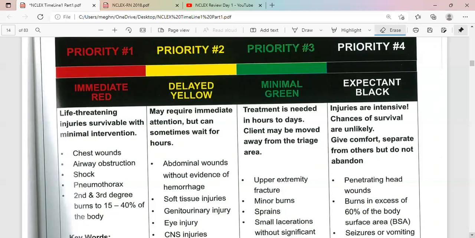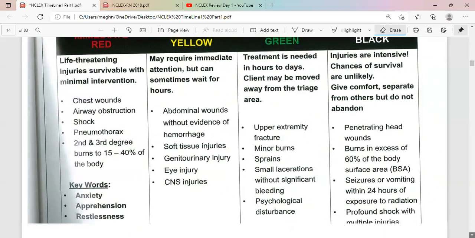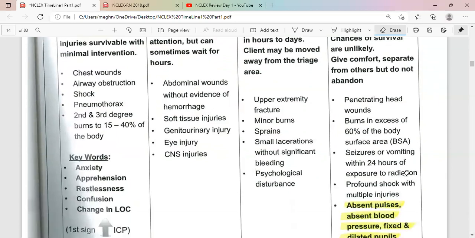Like penetrating head injuries or wound, burn is excessive, more than 60% of body surface area involved, or involuntary movement, seizure, vomiting within 24 hours exposed to radiation, or head injuries, profound shock with multiple injuries.